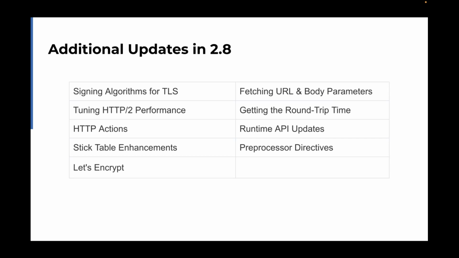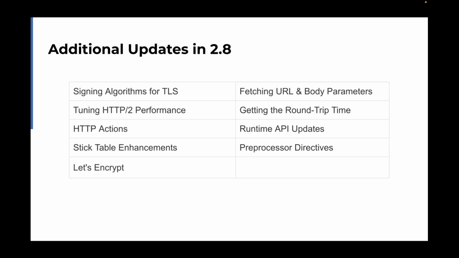There are new parameters that have been added for fetching URL and body data. There are two new fetch methods to find the round trip time between HAProxy and the backend servers, so it's going to be very helpful. The runtime API received updates to several of its methods.